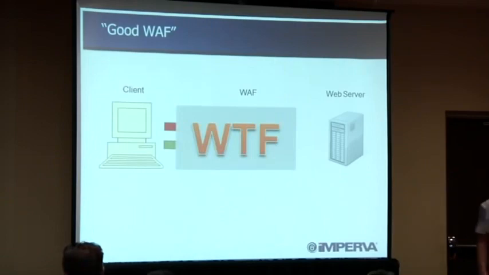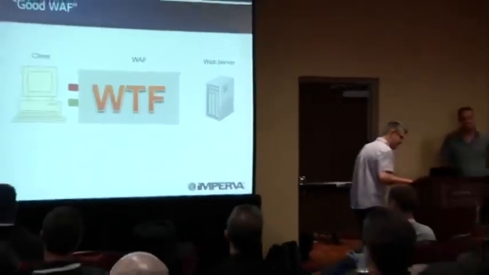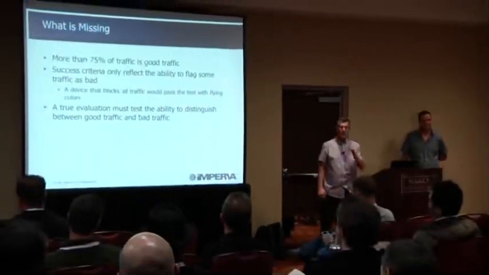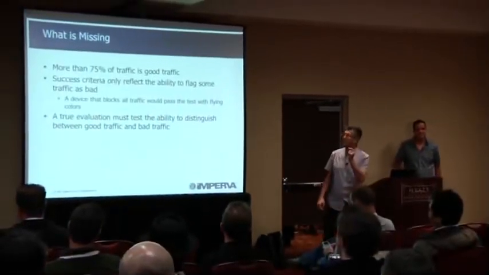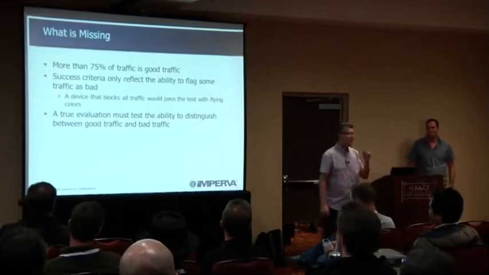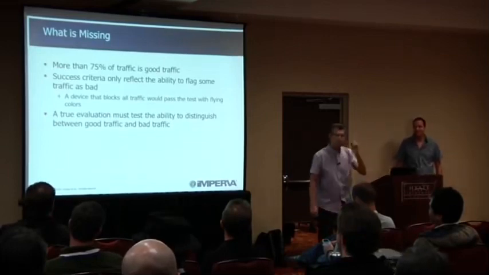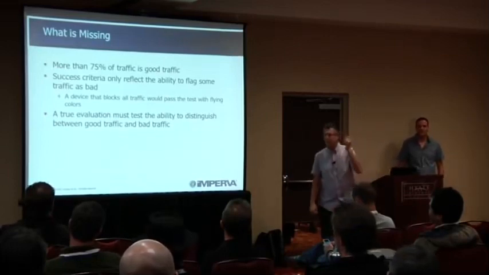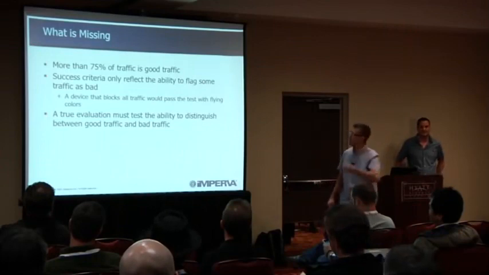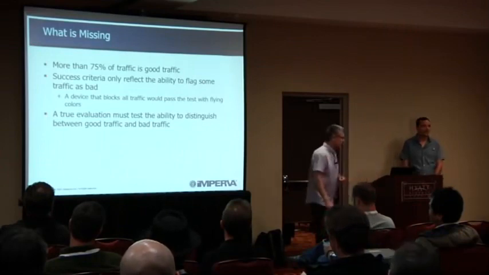And to that I say, what the? And clearly we can see what's missing here. More than 75% of traffic is good traffic. And we want good traffic to arrive at our application servers.